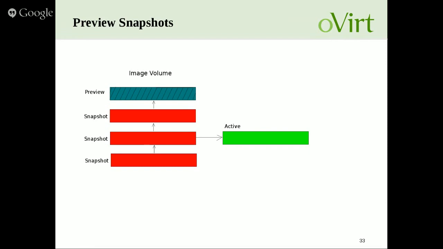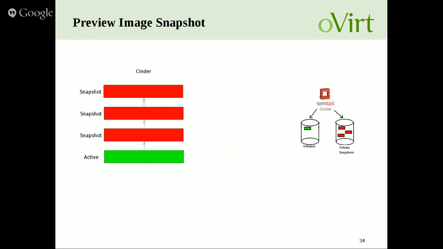Regarding preview of snapshots, when we preview an image, what's actually done is that we create a new volume, which is the active volume right now, and it's based on snapshot 2, for example. The previous active volume becomes some kind of preview state, waiting for you to commit it or undo it. In Cinder, it works a bit differently.